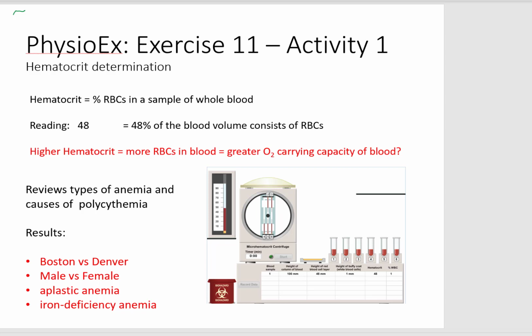Then lastly, the female with iron deficiency anemia. We hopefully remember that iron deficiency anemia generates red blood cells that are microcytic and hypochromic. And this means her hematocrit is going to be lower. Why? Look at the equation.